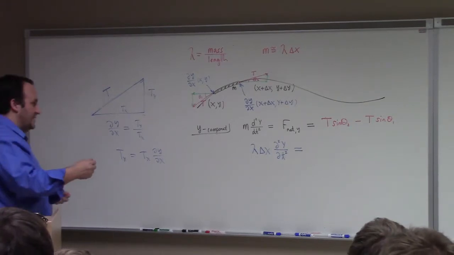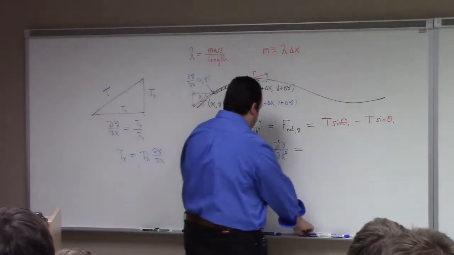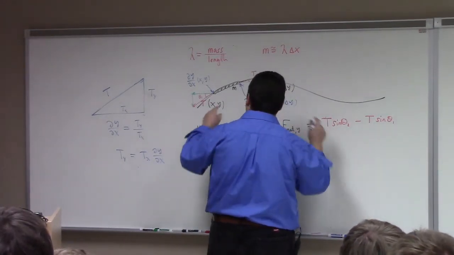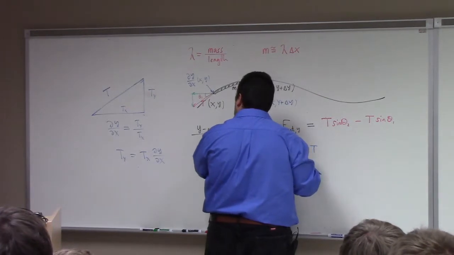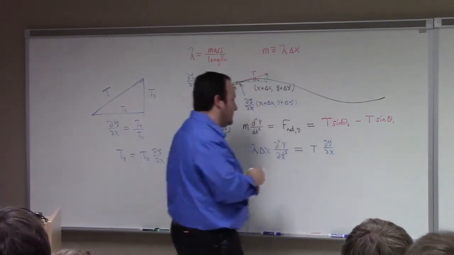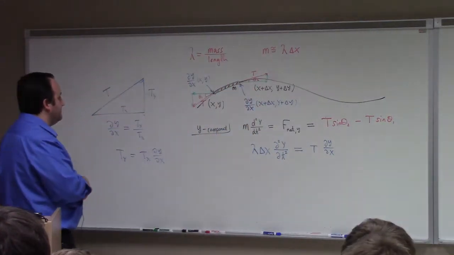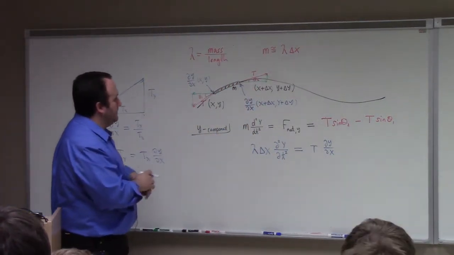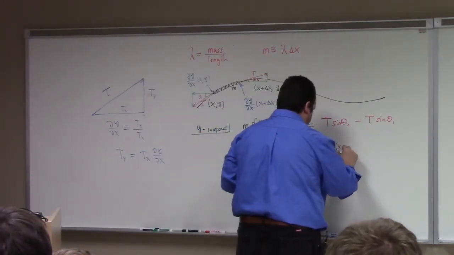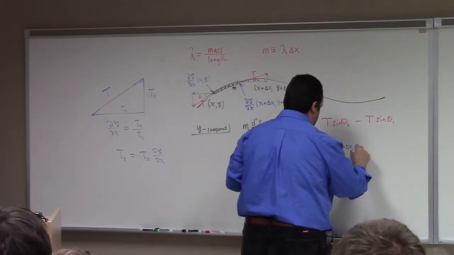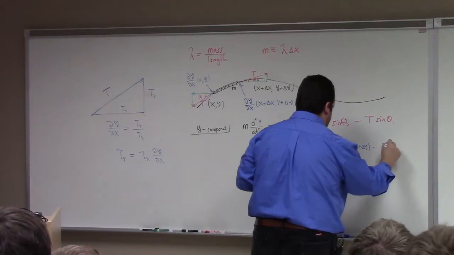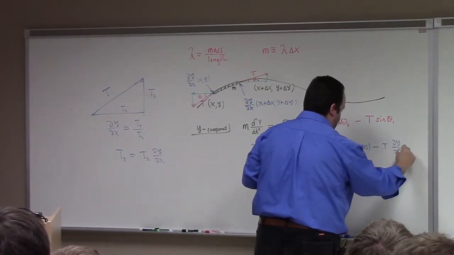So to a good approximation, I can trade this for just t, the magnitude of the tension in the rope or string, times partial y, partial x at x plus delta x, and then minus the tension times partial y, partial x at x comma y.